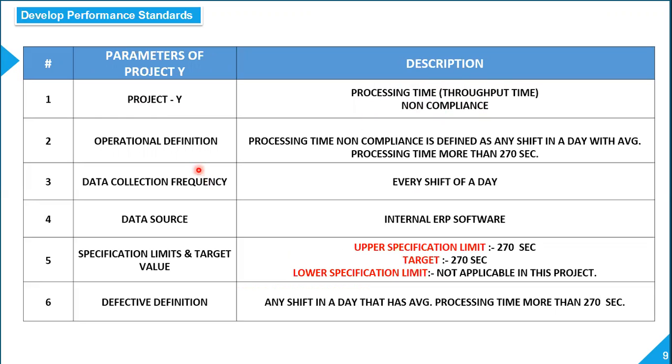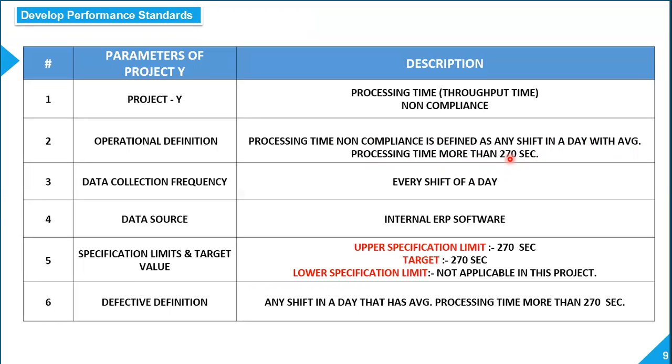PT non-compliance means processing time non-compliance, which is defined as any shift in a day with average processing time more than 270 seconds. More than 270 seconds, for the average processing time of any shift.